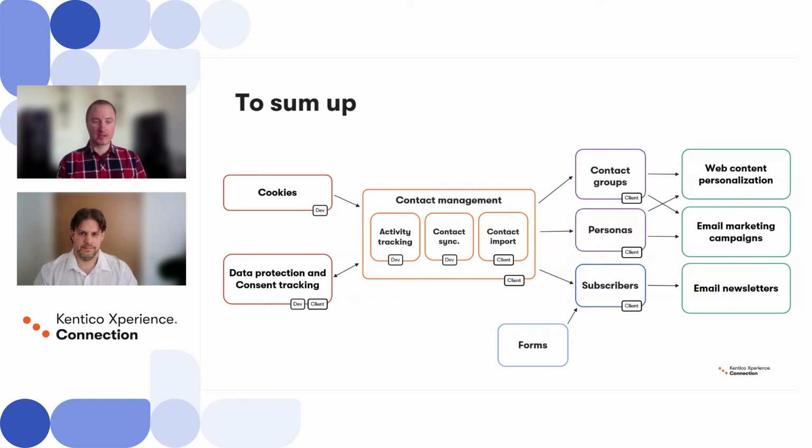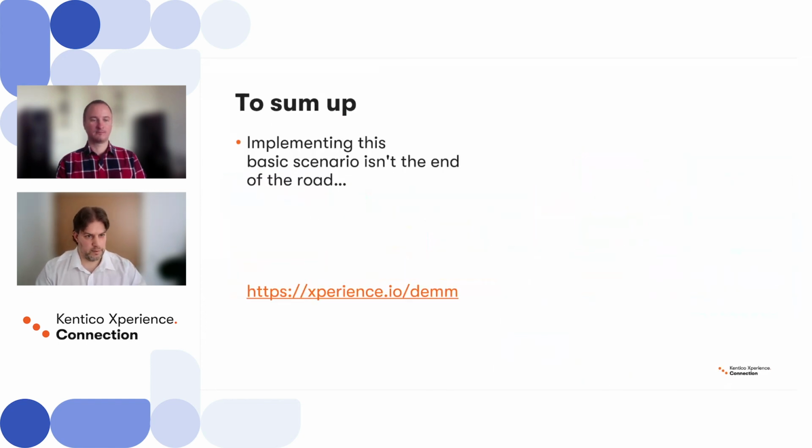And you learned what needs to be prepared by developers and what is user serviceable, meaning end users, marketers, or administrators can handle that stuff very easily. So to sum it up, we have covered only a very simple and short scenario, and it's definitely not enough.